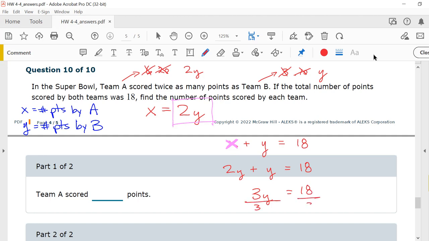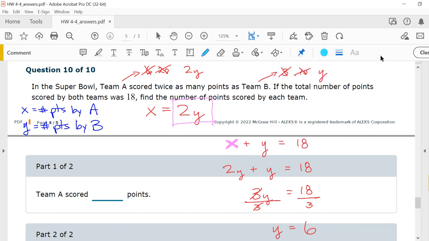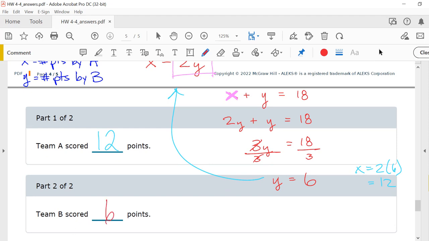Dividing both sides by 3, y equals 6. If y is 6, plugging back in to that equation, x would equal 2 times 6, which is 12. So Team A scored 12 points, and Team B scored 6 points.